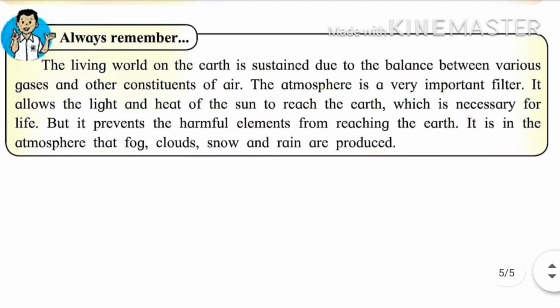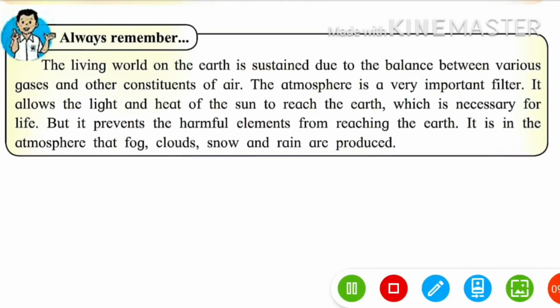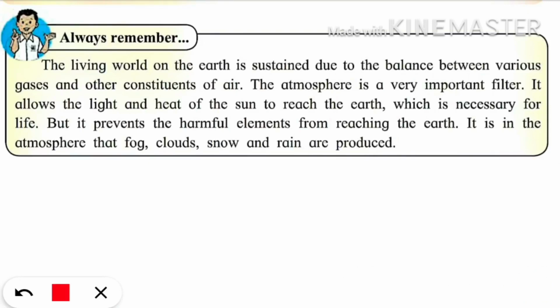Always remember that the living world on Earth is sustained due to the balance between various gases and other constituents of air. The atmosphere is a very important filter. It allows the light and heat of the sun to reach the earth, which is necessary for life, but it prevents the harmful elements from reaching the earth. It is in the atmosphere that fog, clouds, snow, and rain are produced.